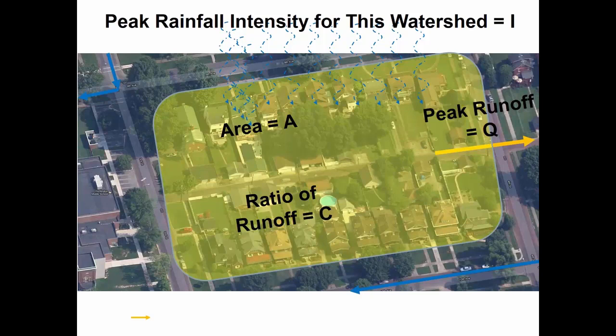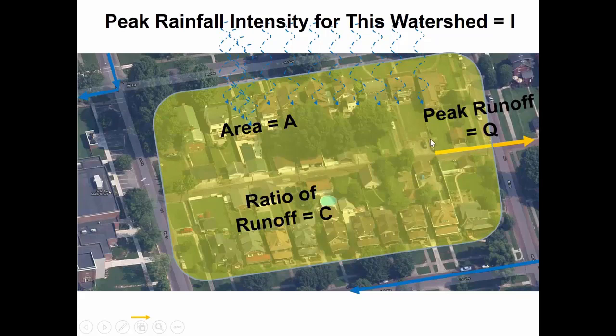Because a fraction of the water is going to cling to wetting the surface of the ground before there's runoff. So that C value is the ratio of runoff relative to the overall quantity of rainfall that there was.